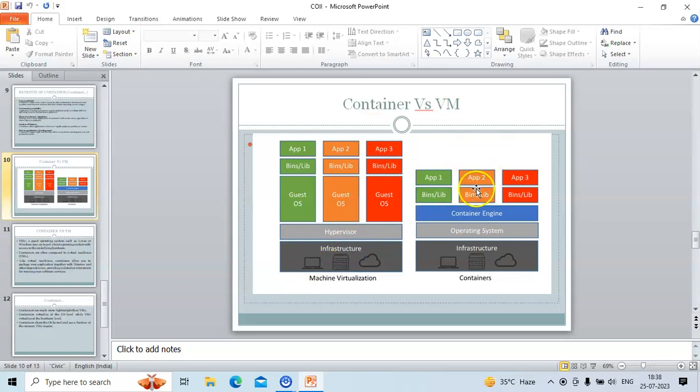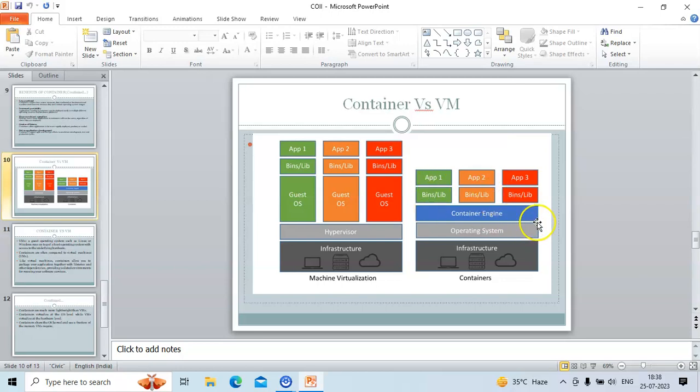Whereas in containers, the operating system is being virtualized. Instead of the infrastructure, the OS is virtualized using a container engine, and each container has its own application and its own dependencies and libraries. So from the figure itself, we know that containers are much lighter weight compared to virtual machines.